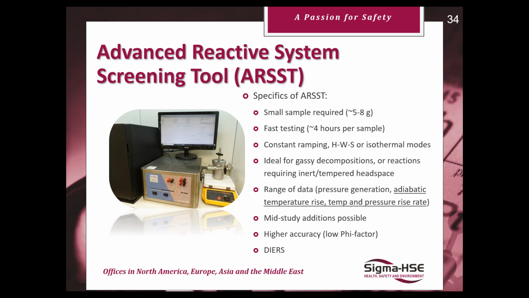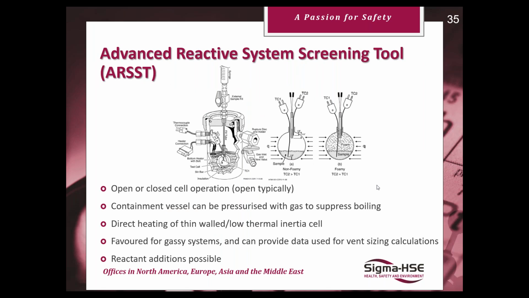Again, it's a higher accuracy test than the screening tests. It has a very low phi-factor, and that's just down to how it works, which we'll show a bit more in the next slide. There is a 330 ml or so steel container. Within that, we use a 10 ml glass vessel, which is very low weight. So think back to the phi-factor equation.